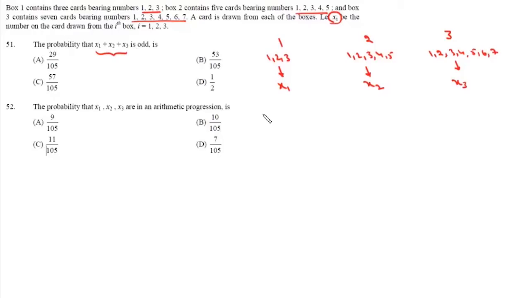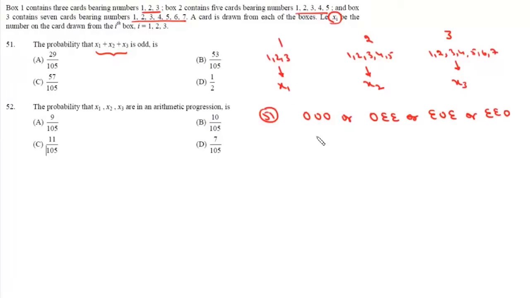Now first we need to find the probability that x1 plus x2 plus x3 is odd. Now it will be odd if all 3 of them are odd, or we get odd from one and then even from the other 2, or it could be odd from second, or it could be odd from third. So these are the 4 possible cases.